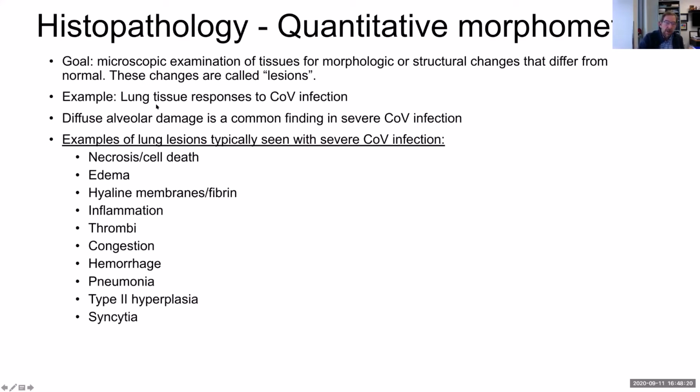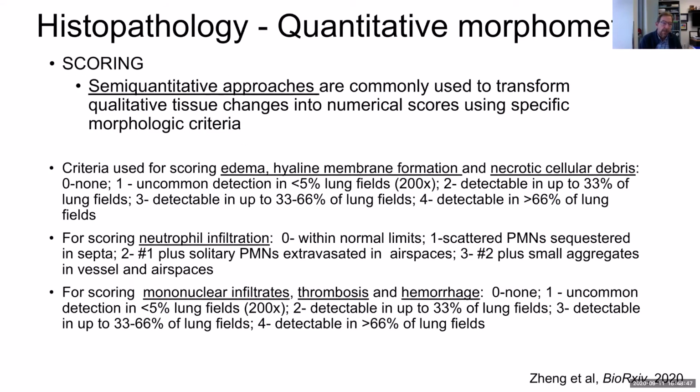And in the lung tissue example, in response to severe coronavirus infection, diffuse alveolar damage is a common finding. And I've listed here a number of the common outcomes that you might see associated with such an infection. And these are all things that can be scored as you evaluate tissues in a quantitative manner.